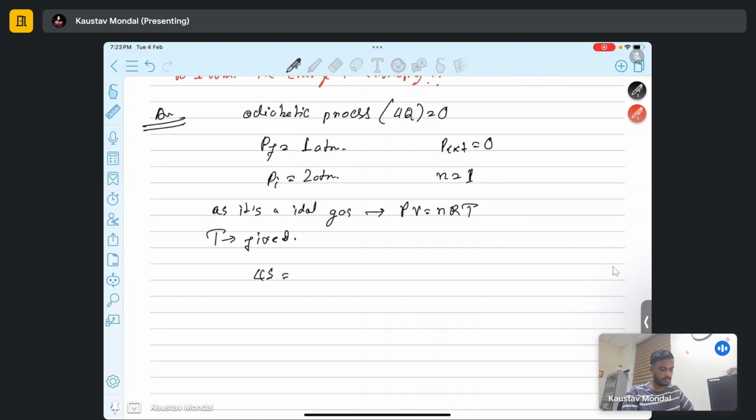Okay, so now delta S you already know. So for an adiabatic process, the change in delta S would be simply equal to R ln V2 by V1, right?